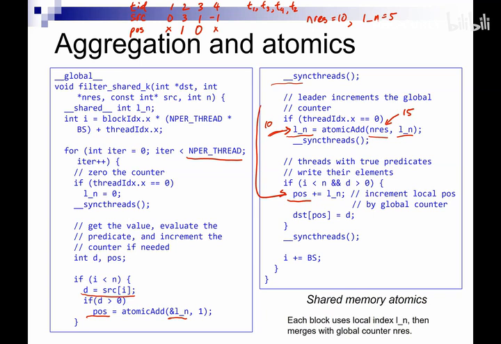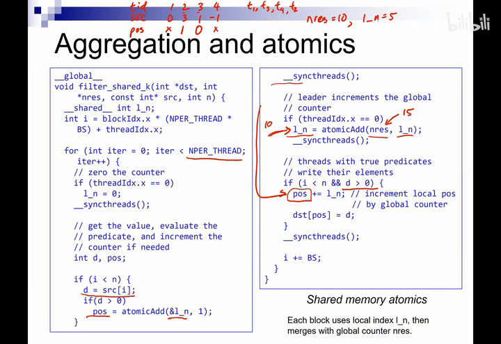Then what's going to happen over here is that each of the threads, if it had a positive value, where D is the value that it read from source, and if this is positive, then that thread would have gotten a position value also. Just like threads 2 and 3 here, they got a position value, and all of those position values are different, as we said.